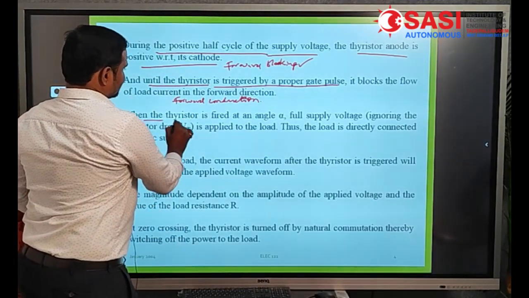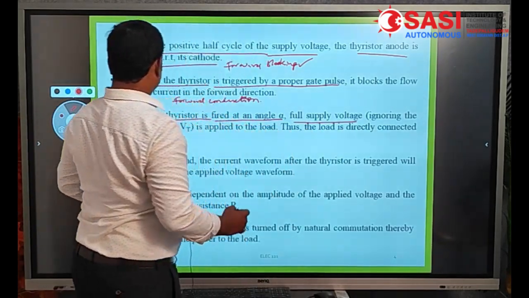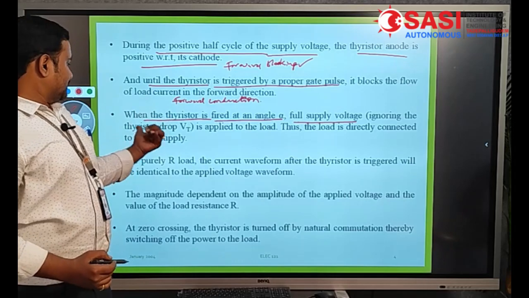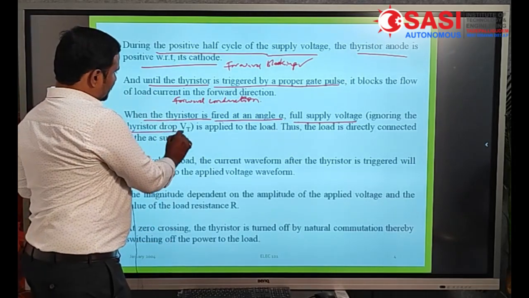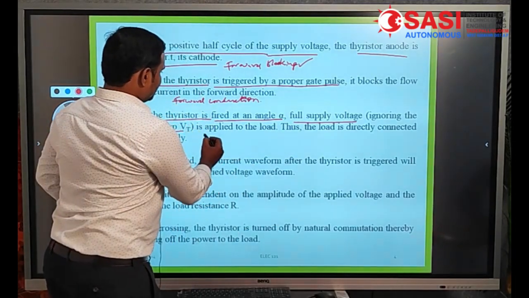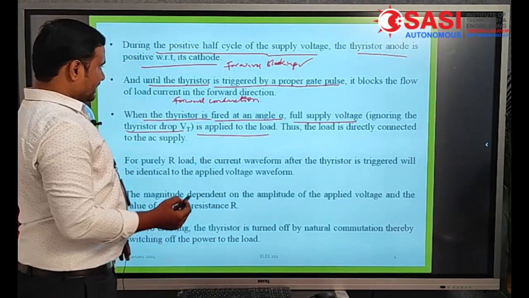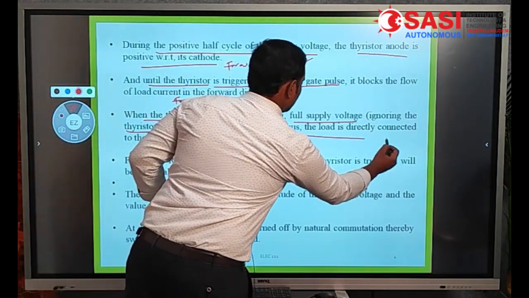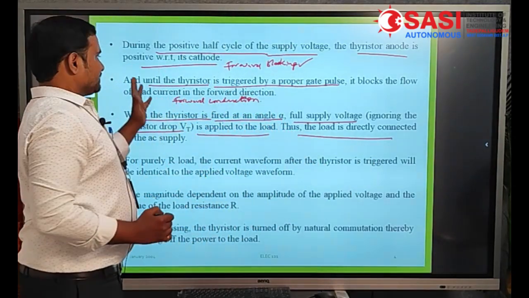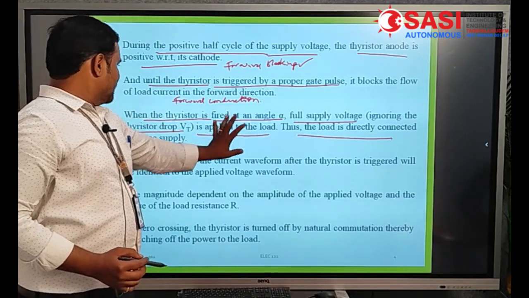So when the thyristor is fired at an angle of alpha, we are ignoring the thyristor voltage drop. Consider the full supply voltage, then we can directly connect it to the load. Therefore, whatever supply voltage is given to the circuit appears directly across the load.